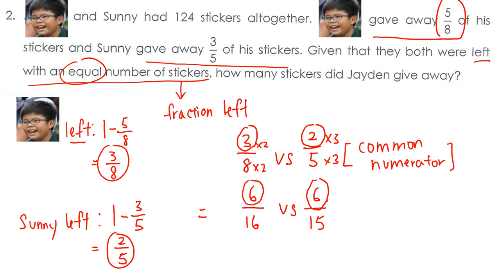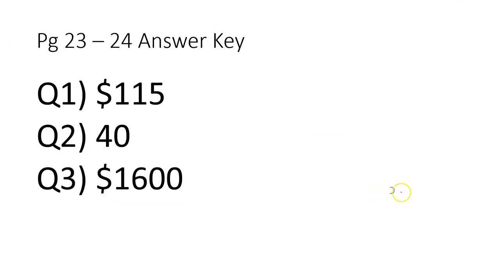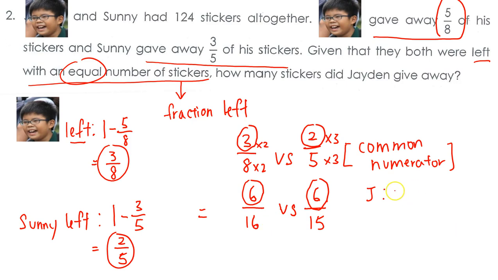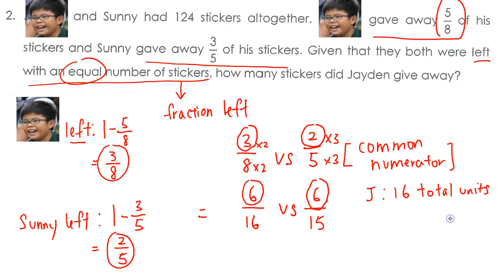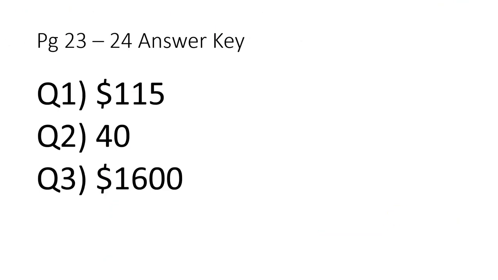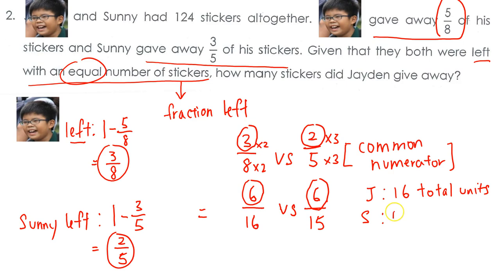Looking at this, Jaden actually has a total of 16 units, whereas Sunny has 15 total units.